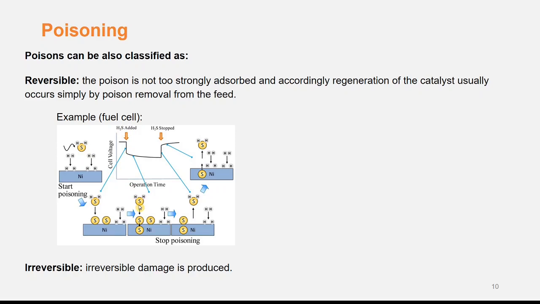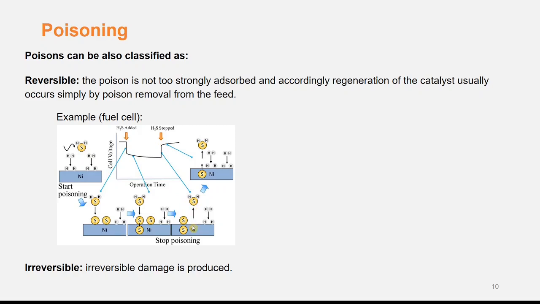However, as soon as the hydrogen sulfide is removed from the feed, then the adsorbed hydrogen sulfide comes off. There is an equilibrium between the hydrogen sulfide in the gas phase and the hydrogen sulfide on the surface of the catalyst. And if you remove the hydrogen sulfide from the feed, then there will be less hydrogen sulfide in the gas phase.